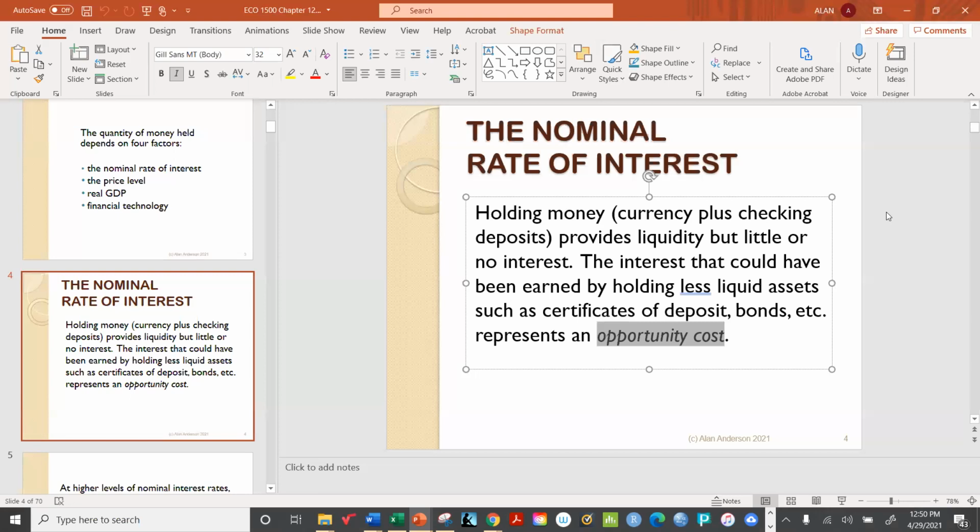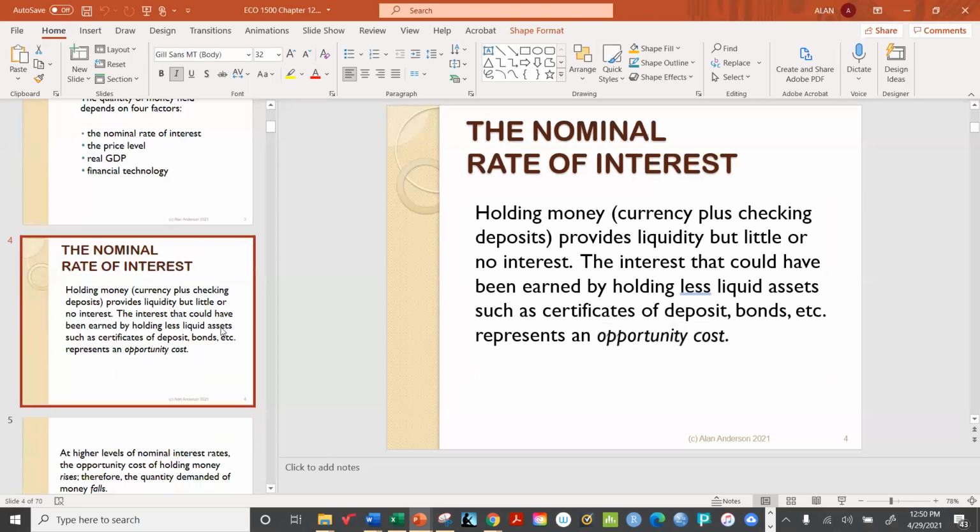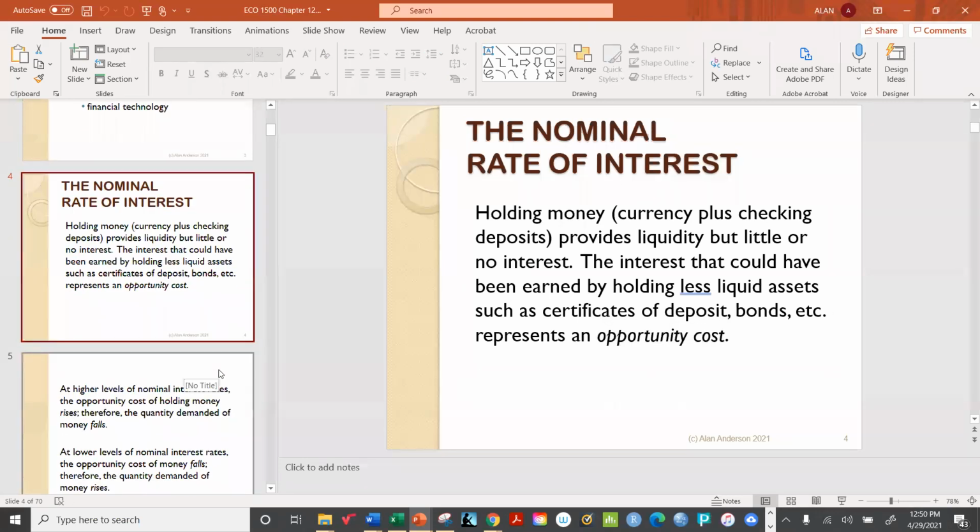But on the other hand, what if you read in the Wall Street Journal that now all of a sudden bonds are paying 10% instead of 2%? What might you be tempted to do? All right, suddenly it's 10. Oh, okay, 10% is available from bonds, and you're still earning next to nothing from your money holdings.